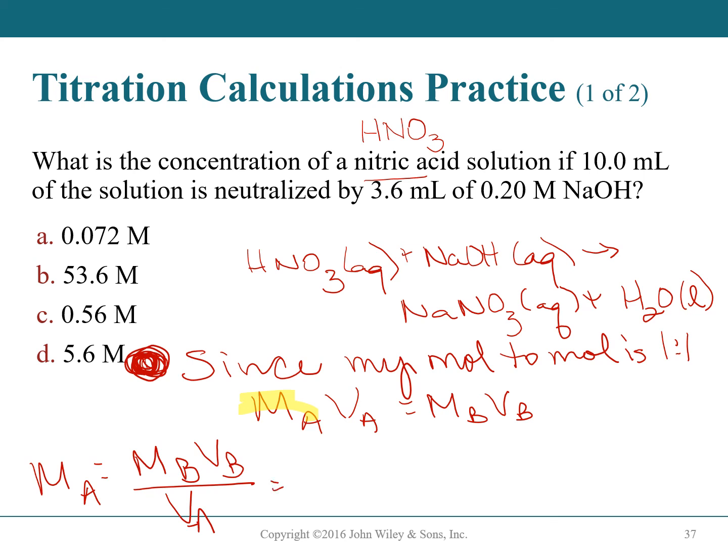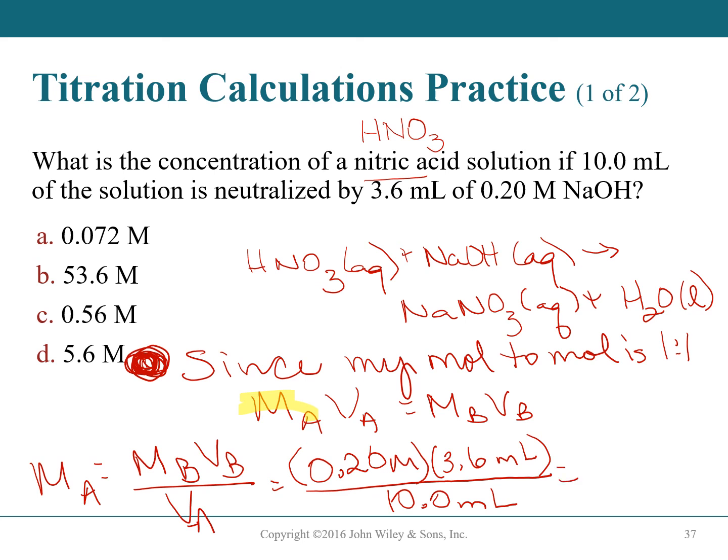All right, so the concentration of base is 0.20 molar. The volume was 3.6 milliliters. And then here I used 10 milliliters of nitric acid. So when I go ahead and calculate it out, 0.2 times 3.6 divided by 10, I get 0.072 molar.